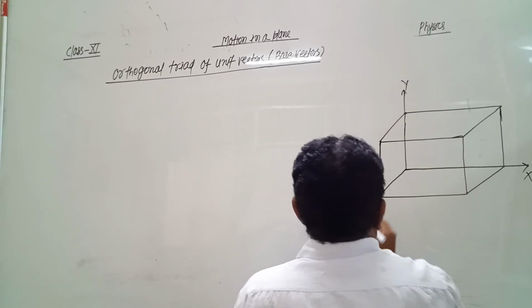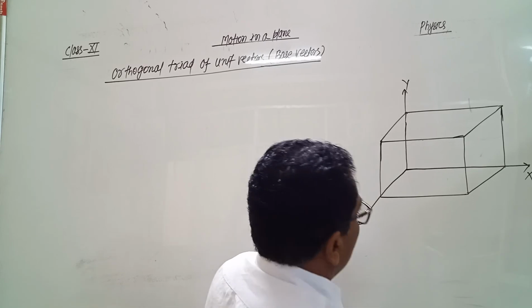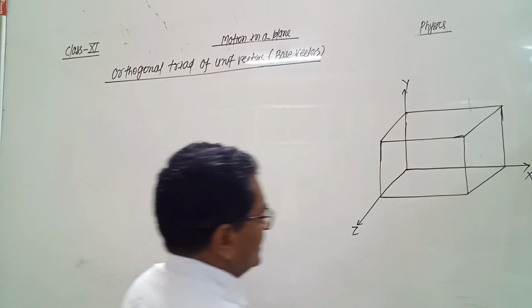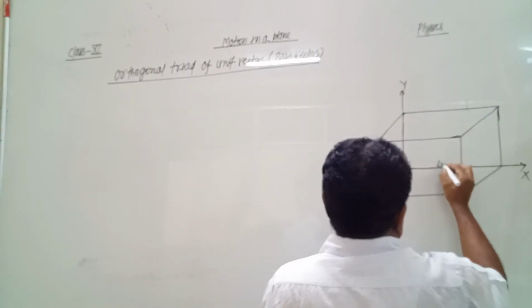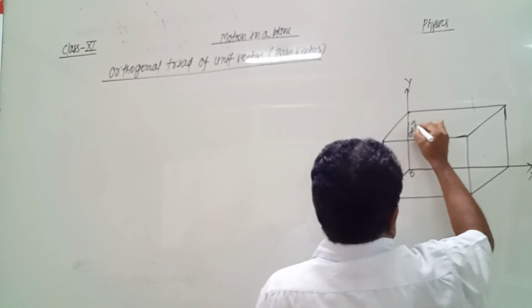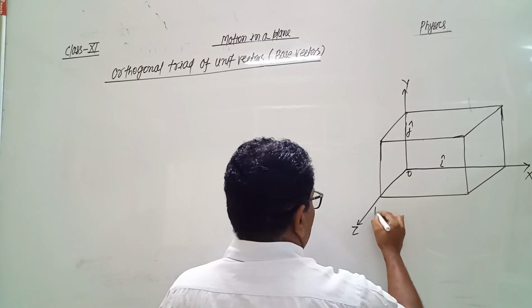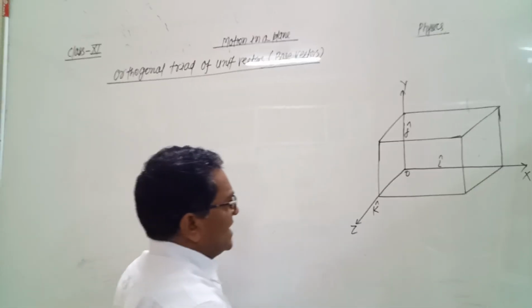X-axis, y-axis and z-axis. Along x-axis, the unit vector is taken i cap. Along y-axis, the unit vector is taken j cap, and along z-axis, the unit vector is taken k cap.